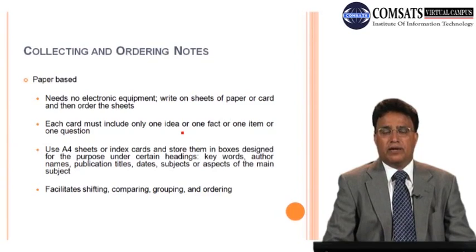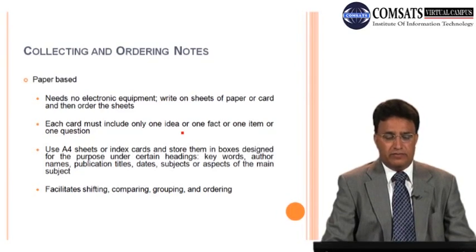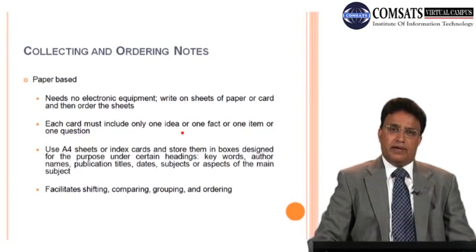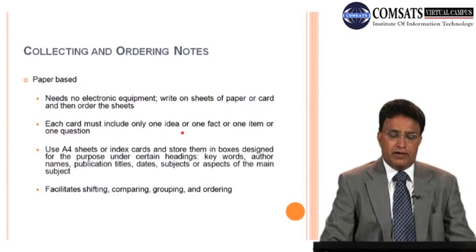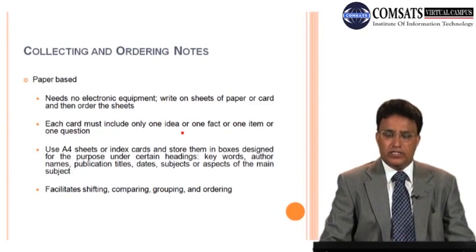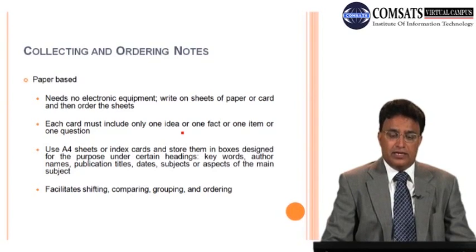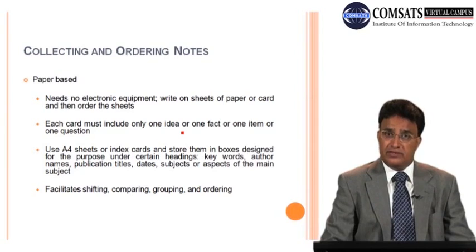Some parts may be useful in one part of your research, others would be useful for another part, and they would be mixed up. For that purpose, you need to use A4 sheets or index cards and store them in boxes designed for the purpose under certain headings. What could be the headings? You can make keyword headings, or author name headings, or publication title headings, or organize them under different dates, or subjects or aspects of the main subject.